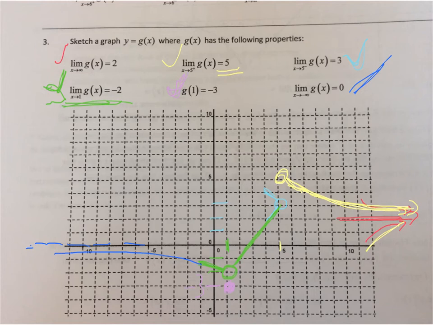And my function is going to get closer and closer to the x-axis, but it's not going to touch it. So as x approaches positive infinity or negative infinity, that's dealing with end behavior. Okay, so we have end behavior in these two parts of the properties, and the other 4 are working with our short-term behavior.